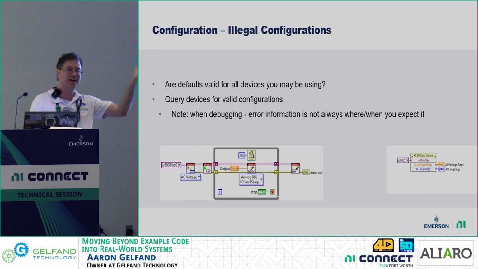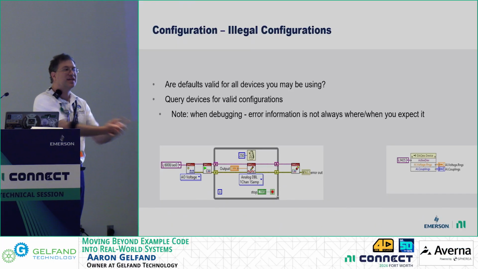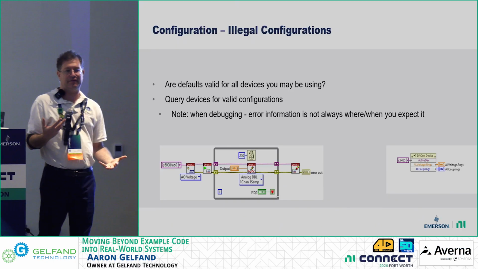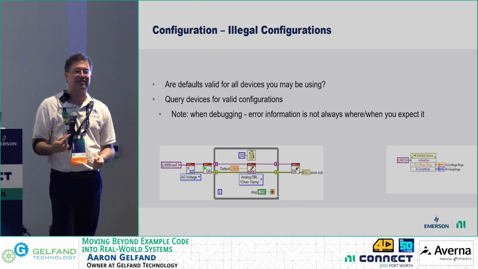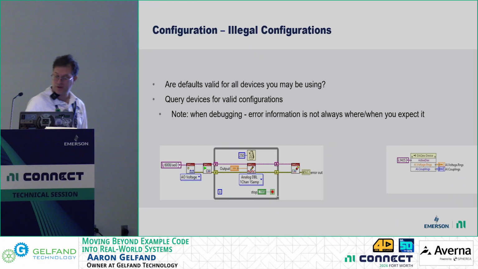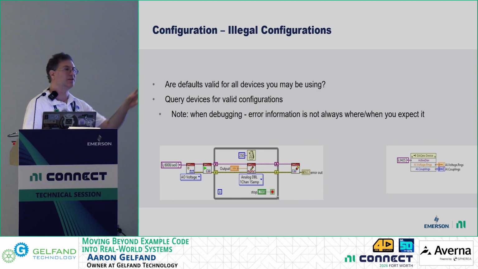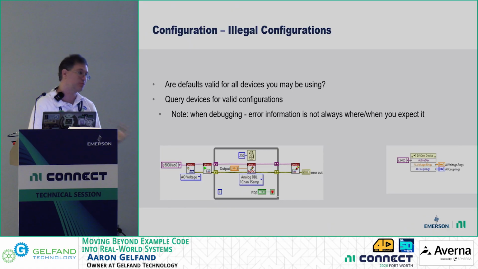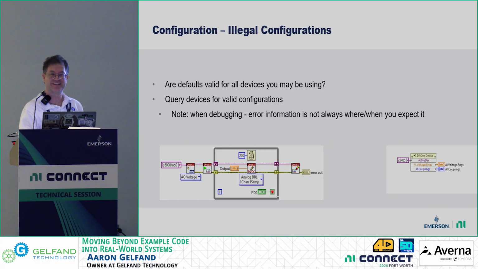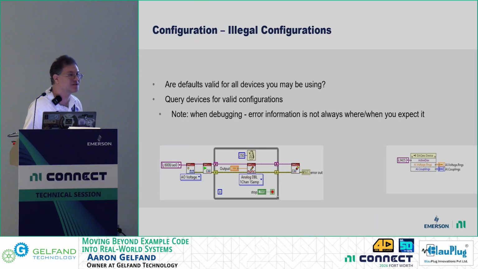So instead of relying on users to set up information, get the information from the device itself so that you can allow them to select from the correct values. They don't have to know that this module is 0 to 5 volts and this is 0 to 10. If I'm giving a program to 5 different labs that have 4 different sets of equipment, I don't have to memorize all of it. I can query the instrument and provide that information to my user.